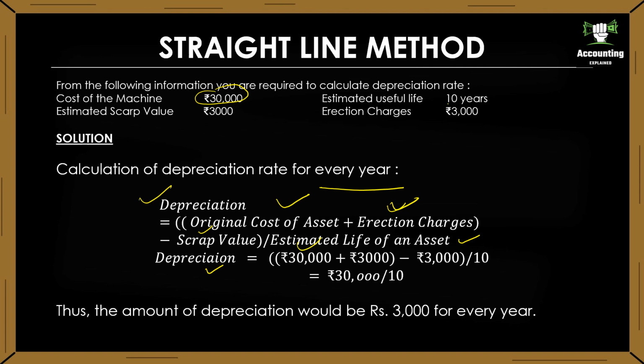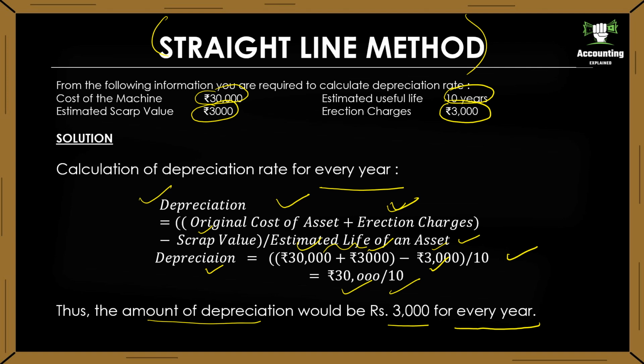Erection charges is 3,000 rupees. So 30,000 plus 3,000, and what is the estimated scrap value? 3,000, minus 3,000, and estimated useful life is 10 years, divided by 10. So 30,000 plus 3,000 minus 3,000 is 30,000, divided by 10 is 3,000. Thus the amount of depreciation would be 3,000 for every year under the straight line method of depreciation.